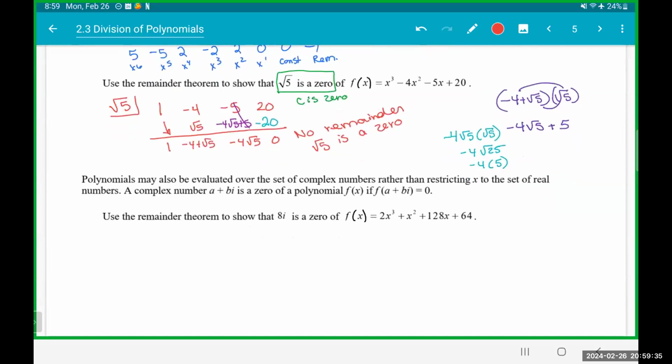All right, so for this last one on this page, we have polynomials that have that. So we do get into complex numbers, just barely touching on that tonight, or those imaginary numbers, right? And so a complex number is where you just have a plus bi.